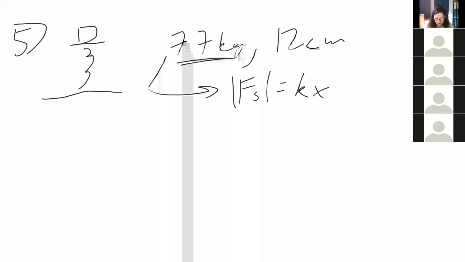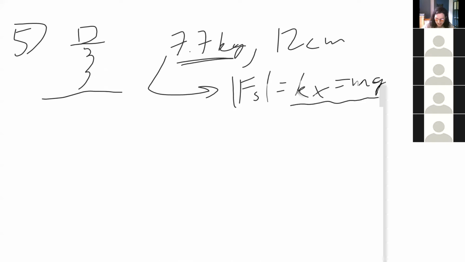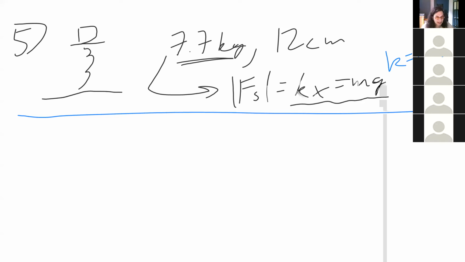Well, it'll be equal to the force of gravity, mg. So you'd solve this, and that would give you your spring constant k. Actually, that's part A, but you need it anyway.